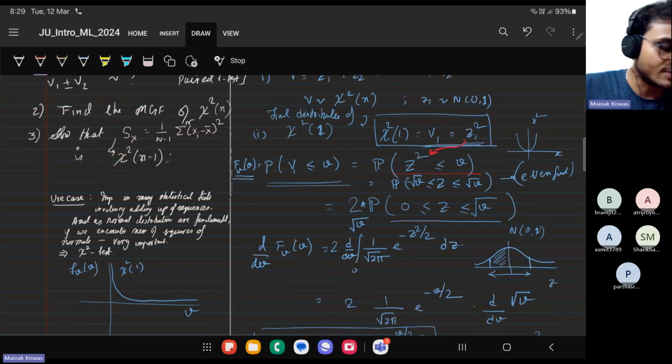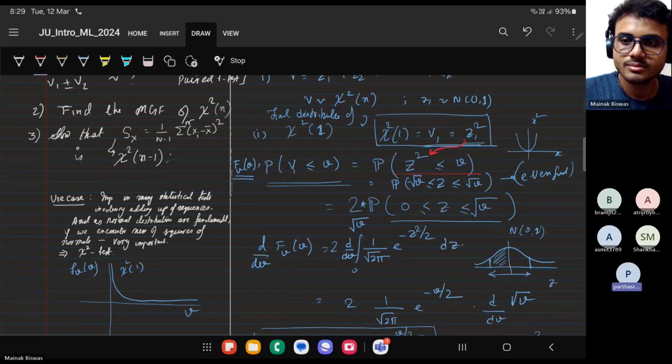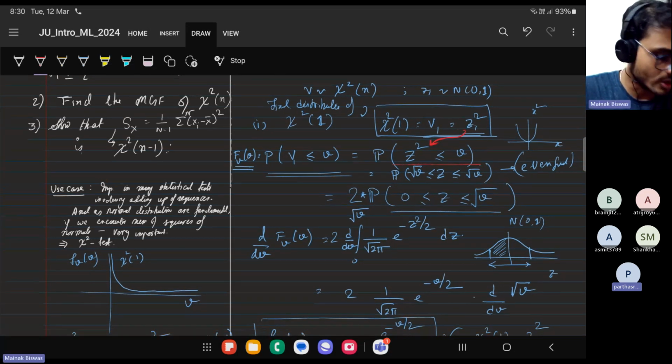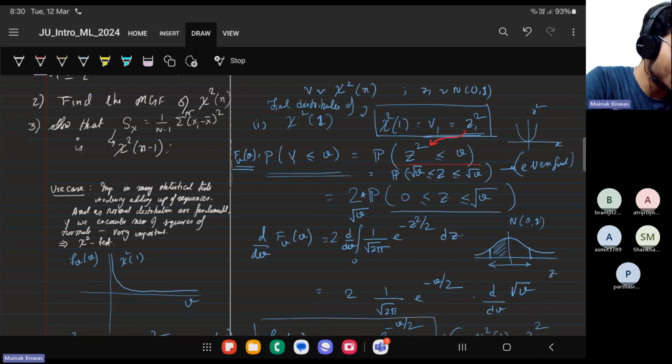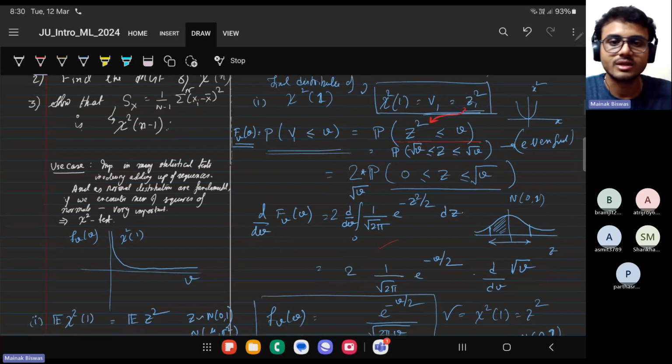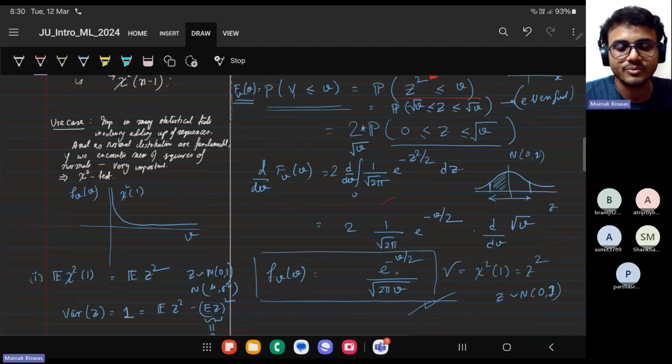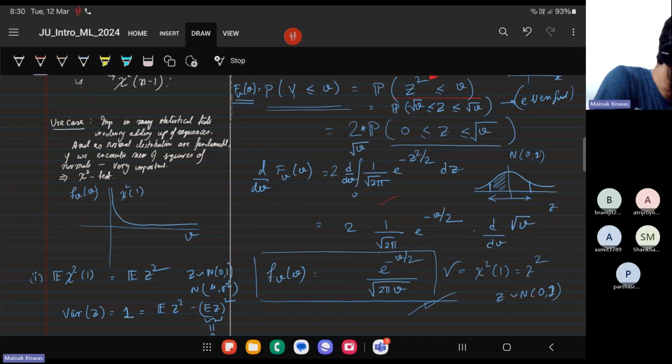Now, if Z square is less than v, then Z has to be between minus root v and root v. Since it is symmetric about the y-axis, you integrate from 0 to root v, take 2 times that, and then take the derivative with respect to v, and you get the distribution. It's an exponential divided by the root of x.